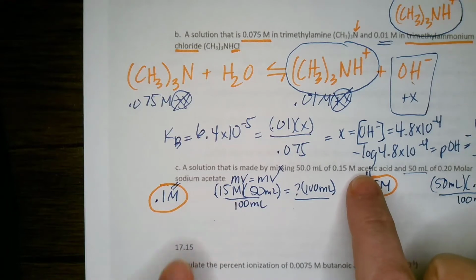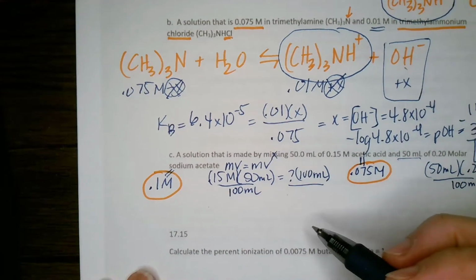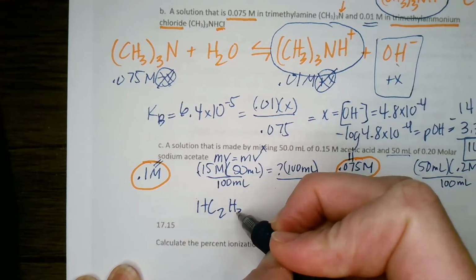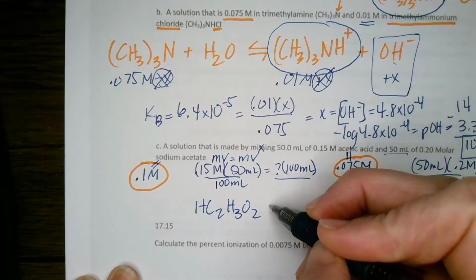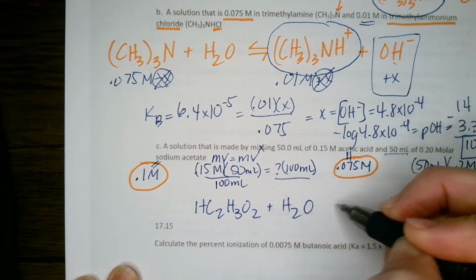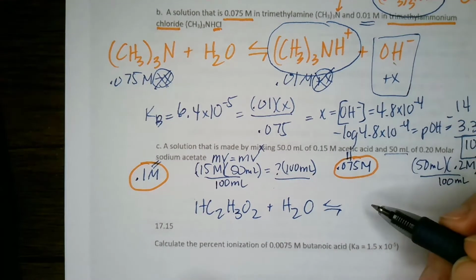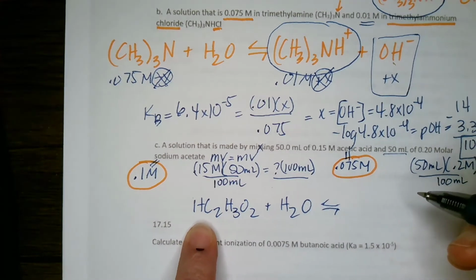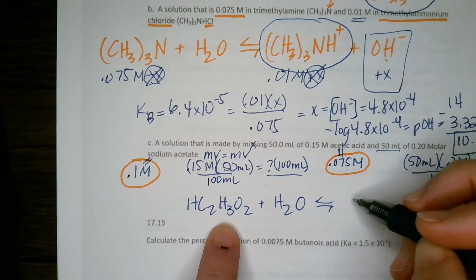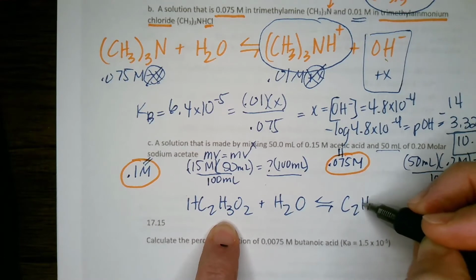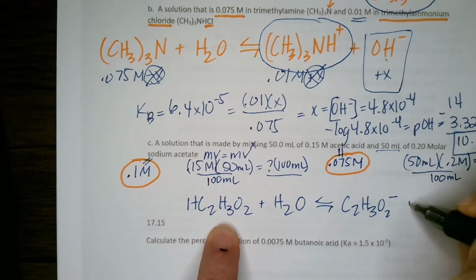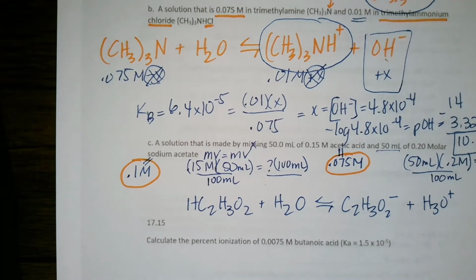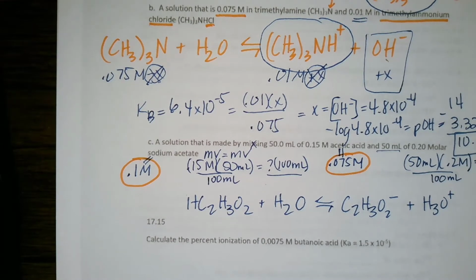All right, so now that we have that, we can say, okay, what's my acid? We have acetic acid. So I'm going to write down our acetic acid, which is HC2H3O2, undergoing hydrolysis. And we know that that forms an equilibrium. My acid is going to be the proton donor, so leaving me with a conjugate base of acetate minus plus H3O plus.